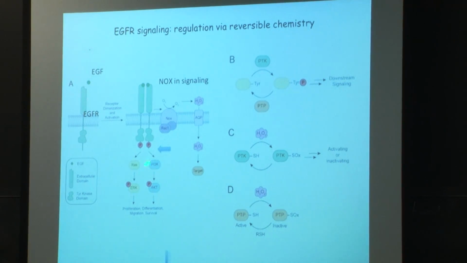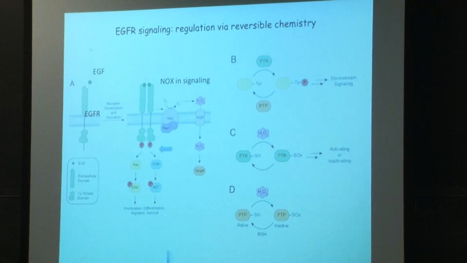But if you read the paper again, the function of the NOx protein is to modulate the activity of the tyrosine kinase, which is intracellular. So the first thing that's bizarre is, how do you get this superoxide inside the cell? That should have bothered you.